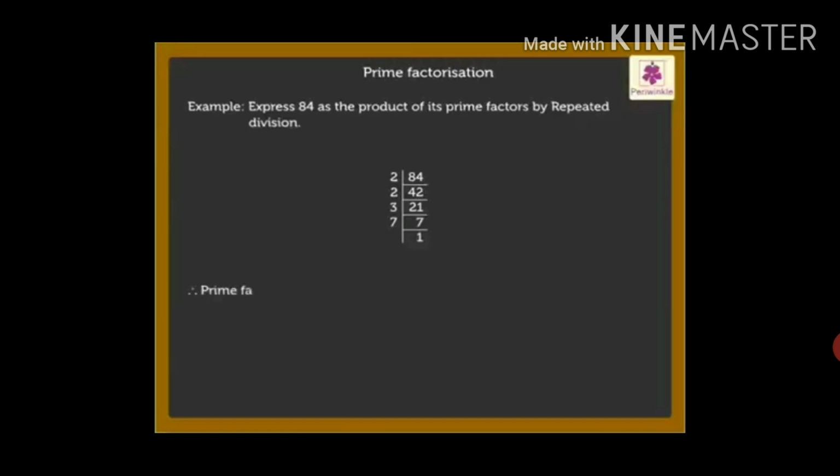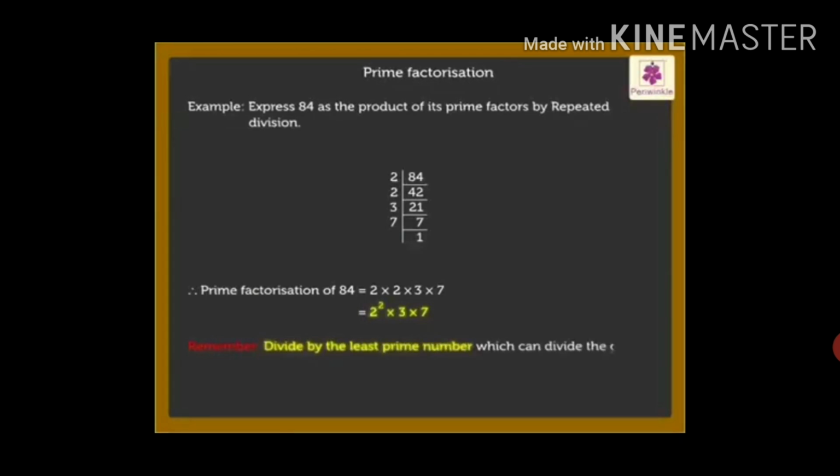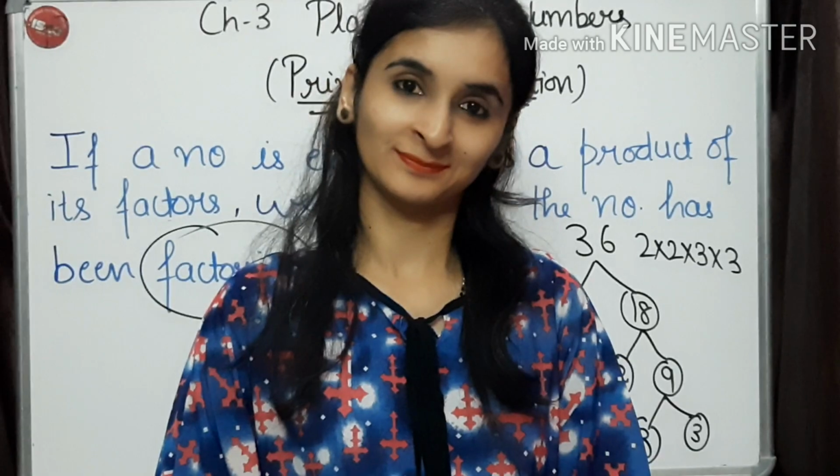Thus, the prime factorization of 84 is 2 into 2 into 3 into 7, which can also be written as 2 squared into 3 into 7. Remember, we always divide by the least prime number, which can divide the given number to get prime factors.